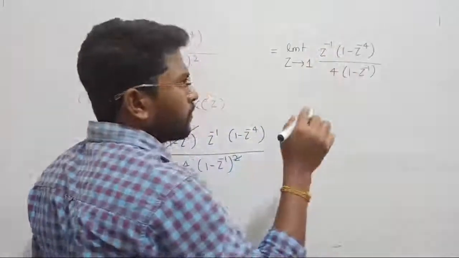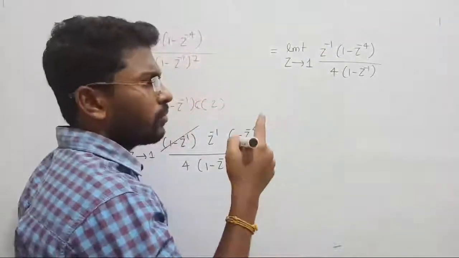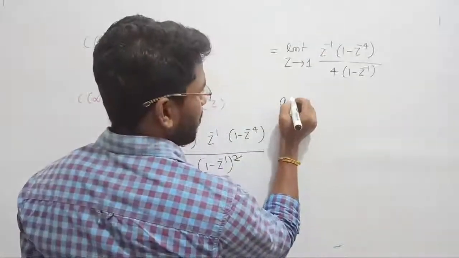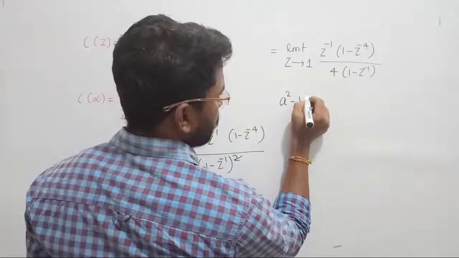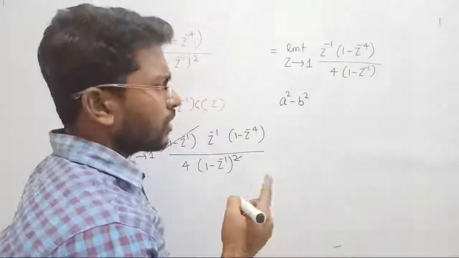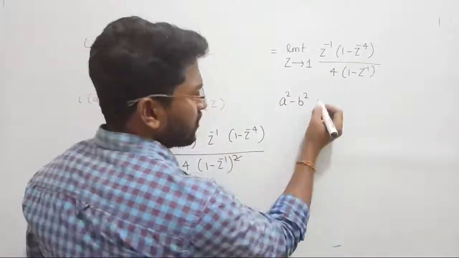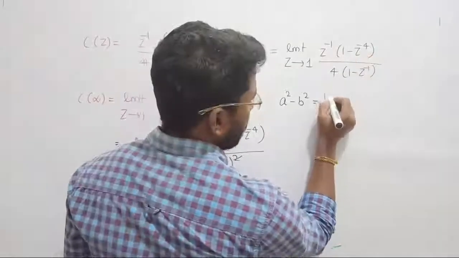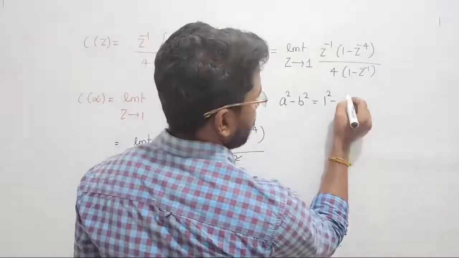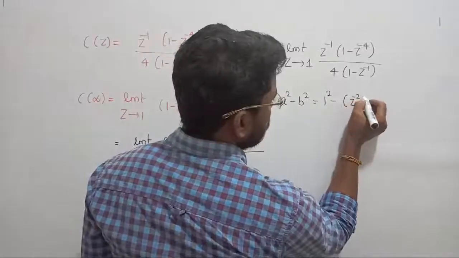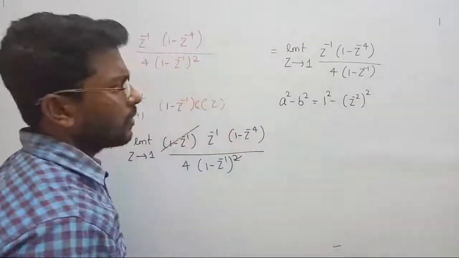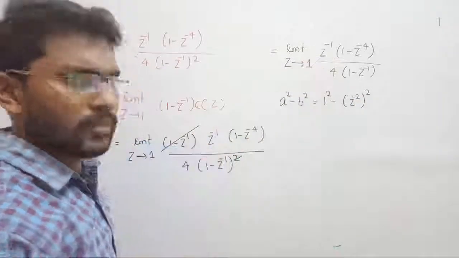Looking at 1 minus z power minus 4, a formula keeps coming to my mind: a square minus b square. Because 1 squared is 1, comparing it, I can write 1 square minus z power minus 2 whole square. Is there a mistake? That is correct.